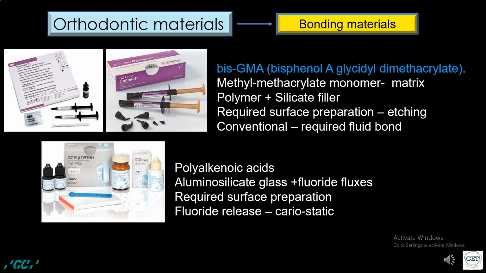The most common bonding material to be used for orthodontic attachments are from the composite family. The BisGMA, which is composed of an organic matrix and a filler. The relationship between both components determine the viscosity and the degree of shrinkage. Both characteristics are important for the function of the composite material as a bonding material.